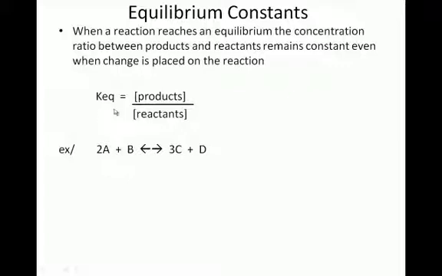So what we have here is our equilibrium constant, which is in other words called Keq, and it is the concentration of the products divided by the concentration of the reactants. And even if the concentration of the products changes, the concentration of the reactants will change proportionally so that the Keq always remains the same number.